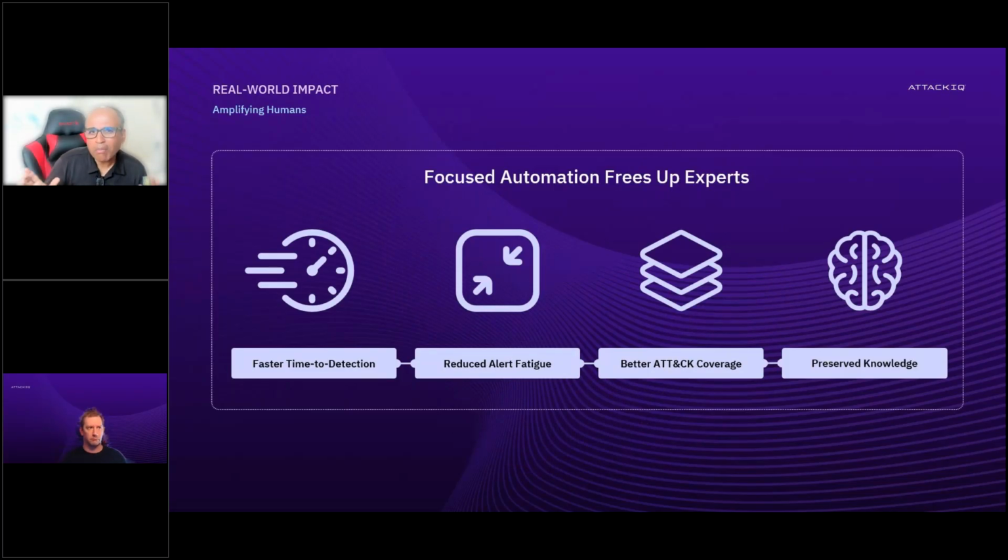We are not talking about a lights-out SOC automation here. We're talking about very narrow, very focused automation to unblock our analysts. And you also probably saw we're only talking about using this technology for problem spaces that are already showing very good signs. So it's not a false promise.